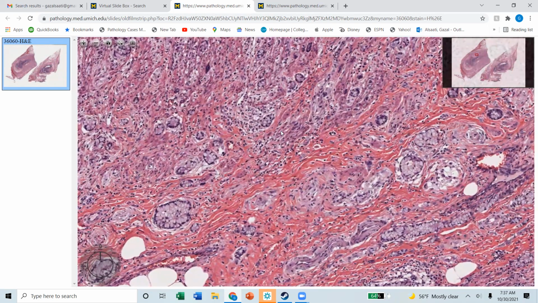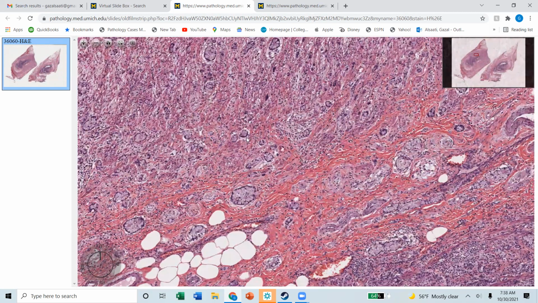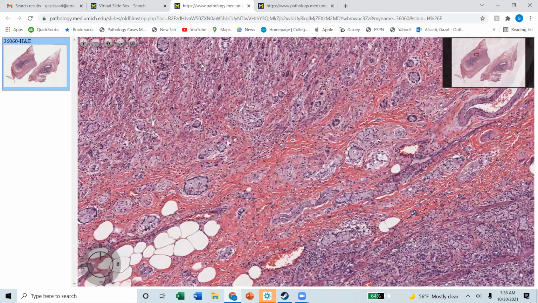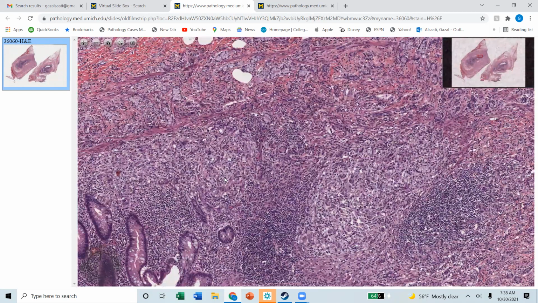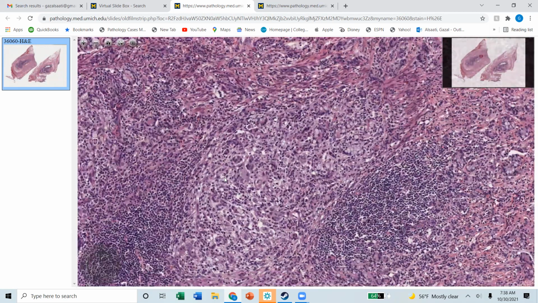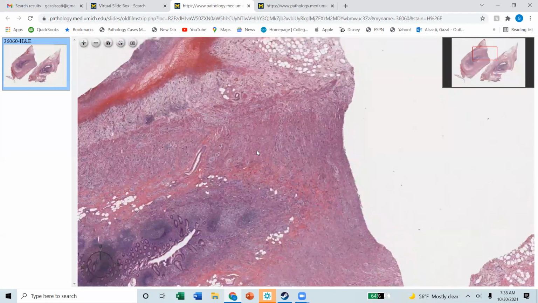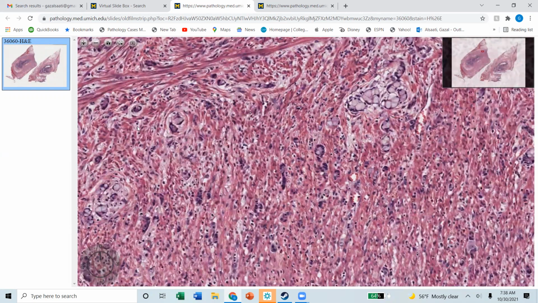Look at that. Okay, these are the tumor cells, and that's quite aggregated here, but you can tell, right? You can see them, they're infiltrating everywhere, here and here and here.